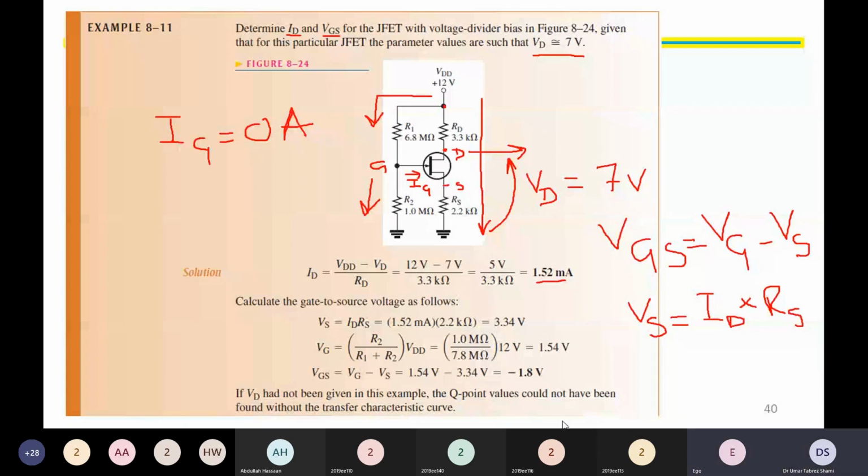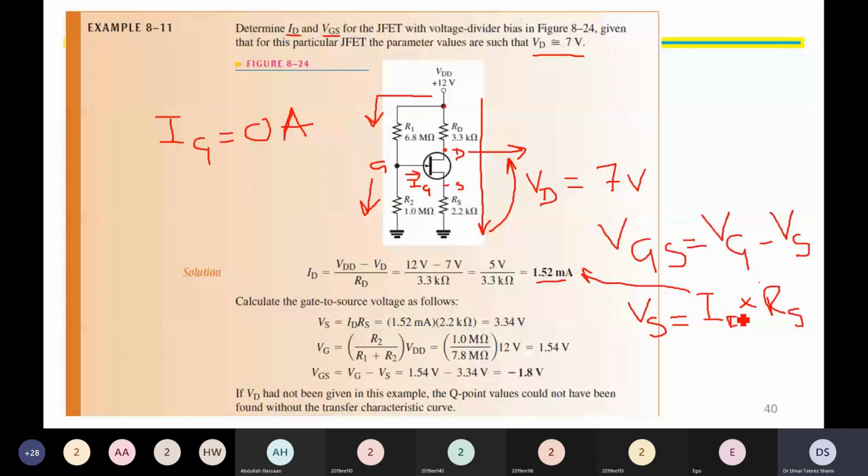Yes, sir. So VS is equal to ID into RS. ID we have already determined, 1.5 milliampere. RS is given in the statement, 2.2 kilo ohm.